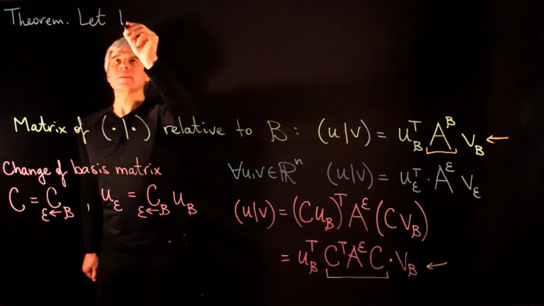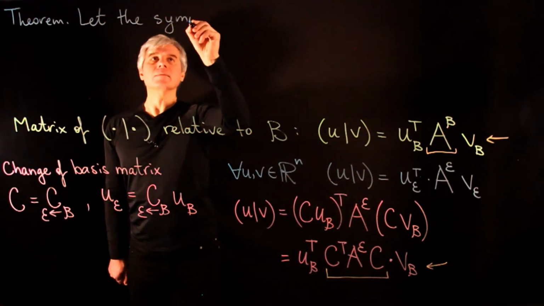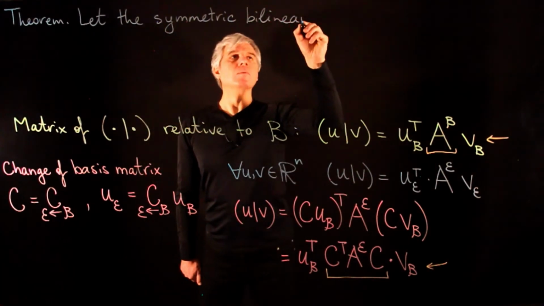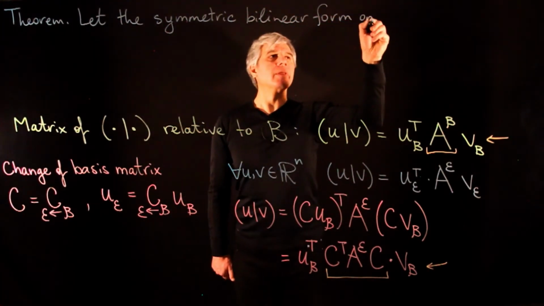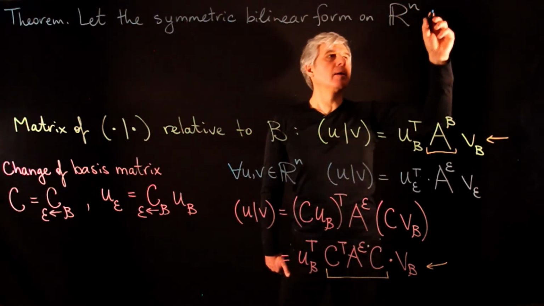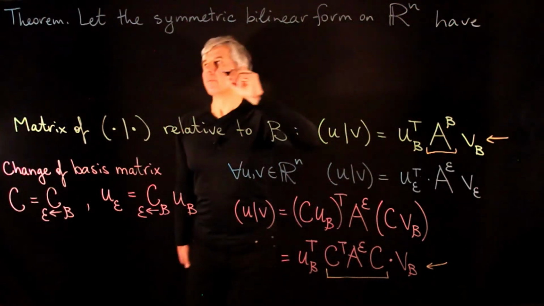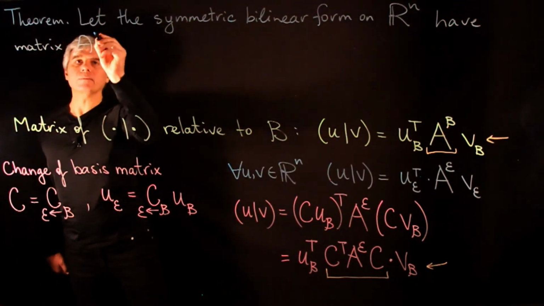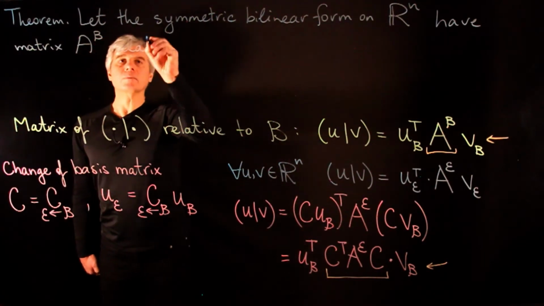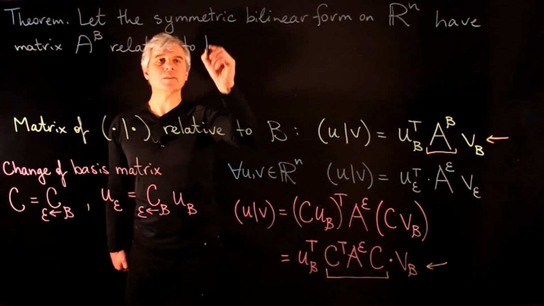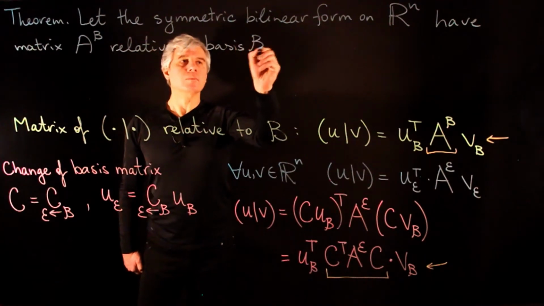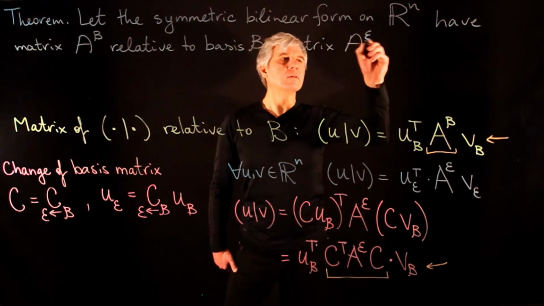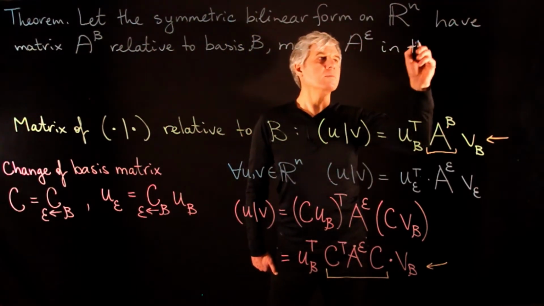Let the symmetric bilinear form on Rn have matrix A_B relative to basis B and matrix A_E in the standard basis.